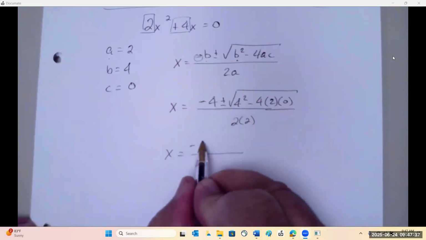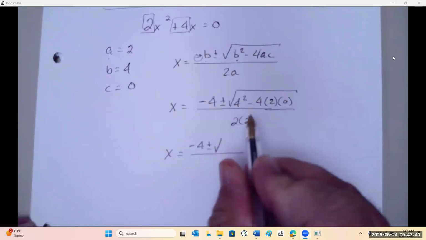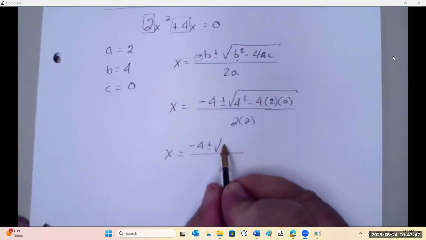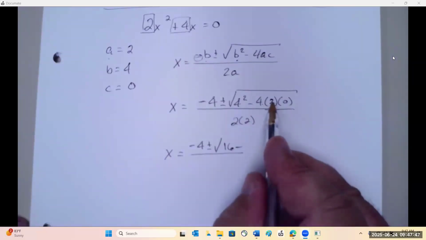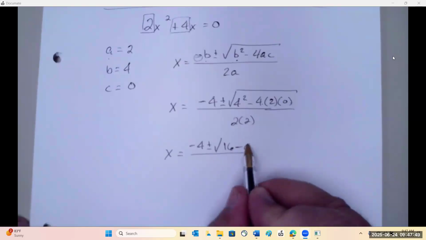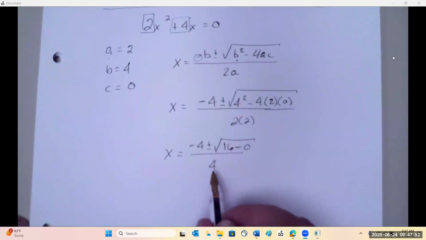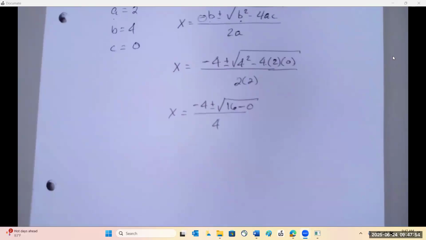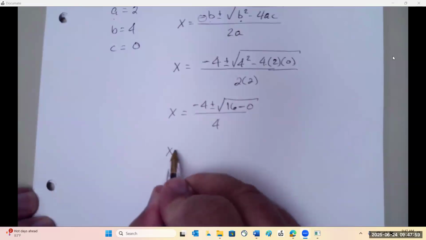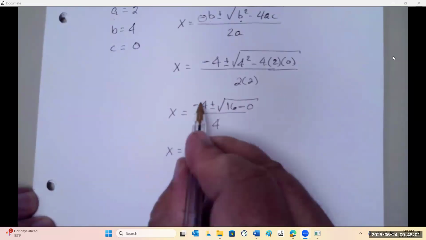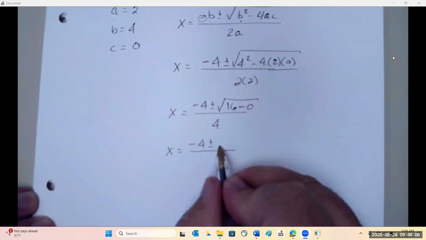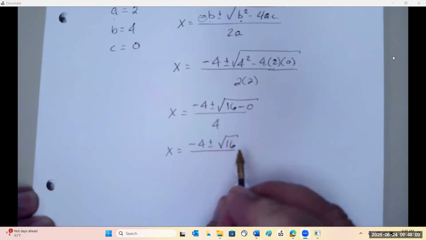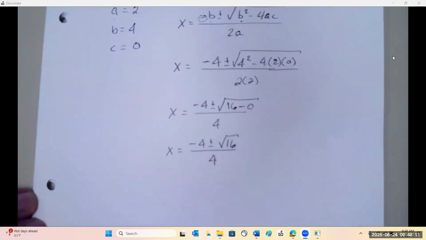So we have -4. 4 squared is 16 minus 4 times 2 times 0 over 2 times 2. So we have -4. 16 minus 0 is square root of 16 over 4.